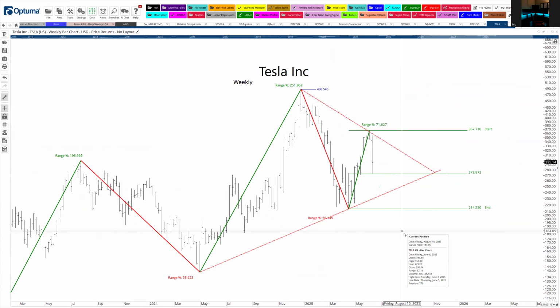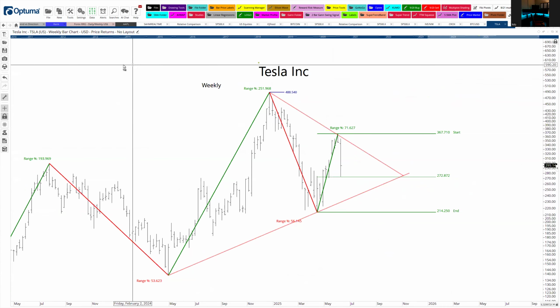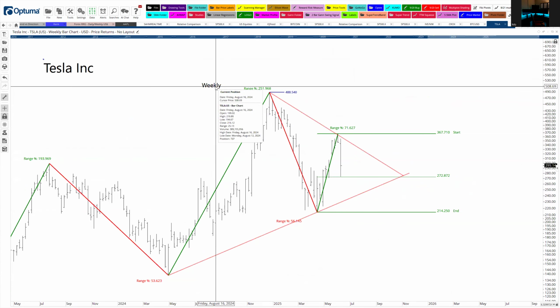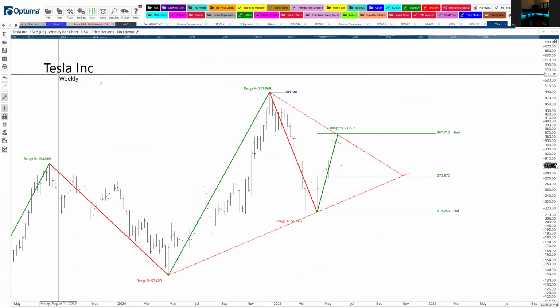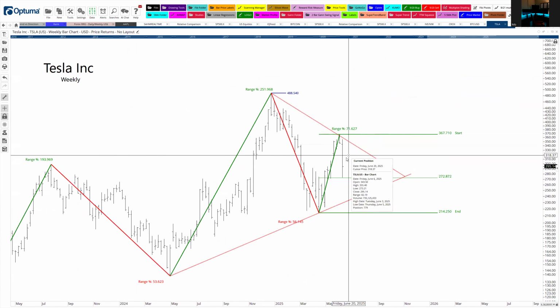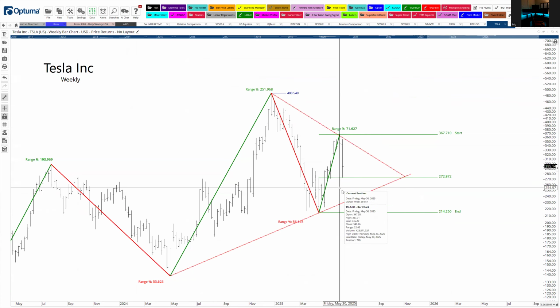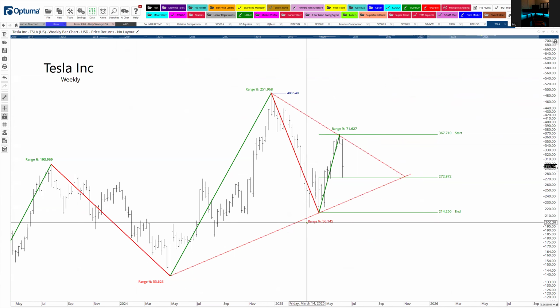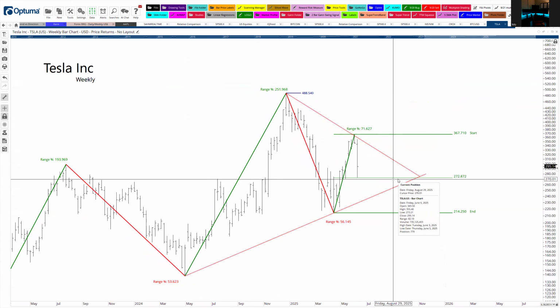But we'll watch in the coming weeks. This range is where we'll see what happens.